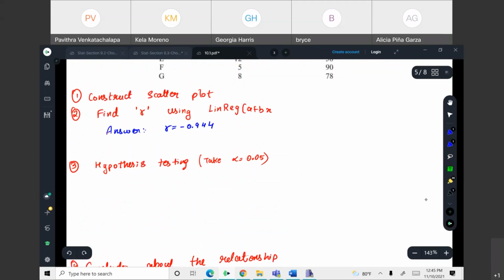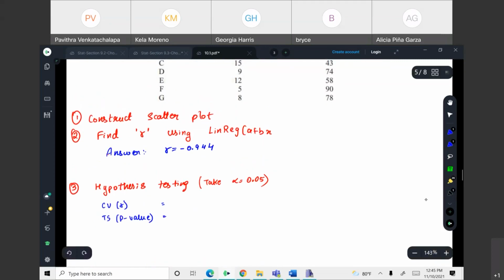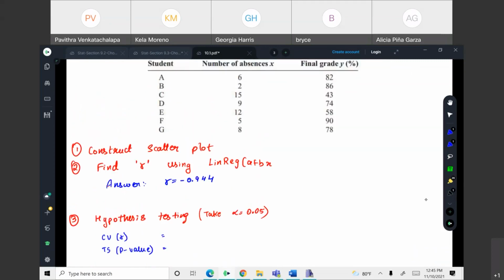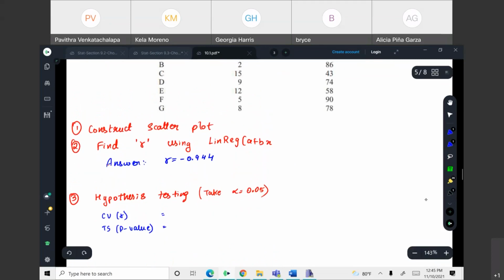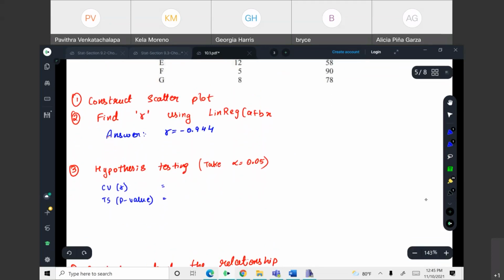All I need is the critical value R, the test statistic value, and the P value. How much did you get for the critical value R? Alpha equal to 0.05 and n is 7. Do you want me to show the table? 0.754.